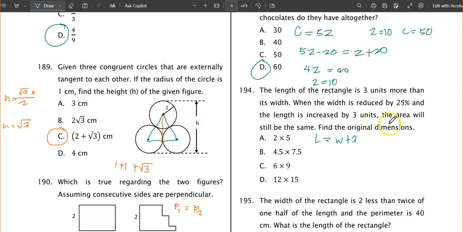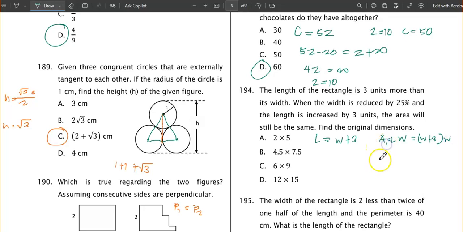Find the original dimension. So meaning to say the area of the original rectangle will be length times width, right? But we know that length is W plus 3. So this is W plus 3 times W.